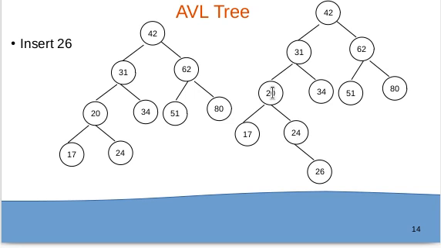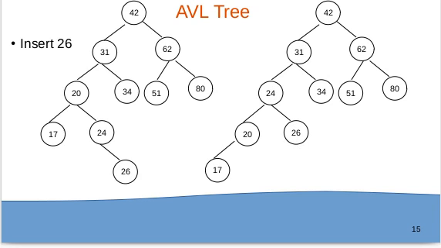This is 1 minus 2, that is minus 1, okay. The balancing factor of this is 3 minus 1, that is 2. So it is not okay. So here is the problem. At 31 we have a balancing factor error. So now we have to balance it.